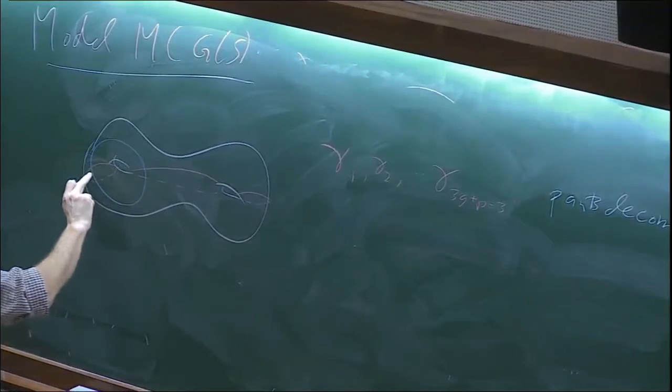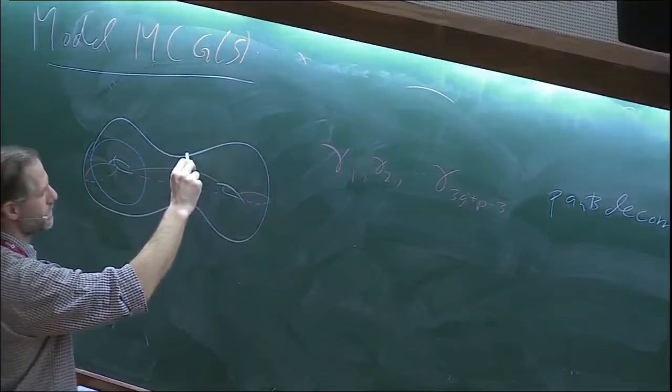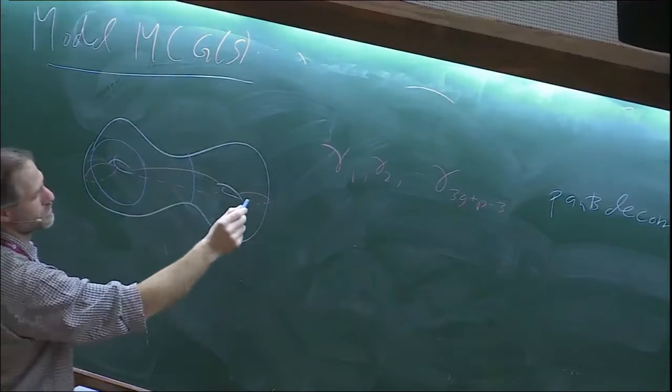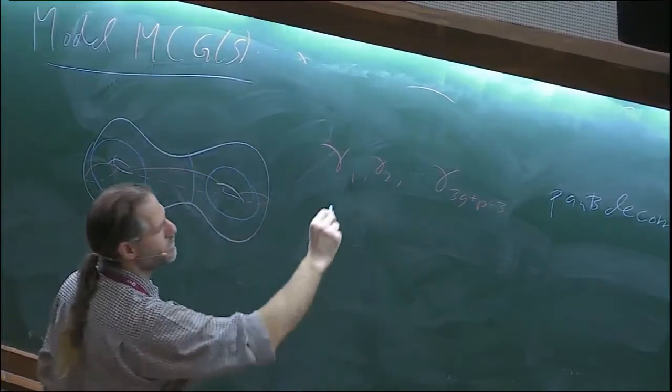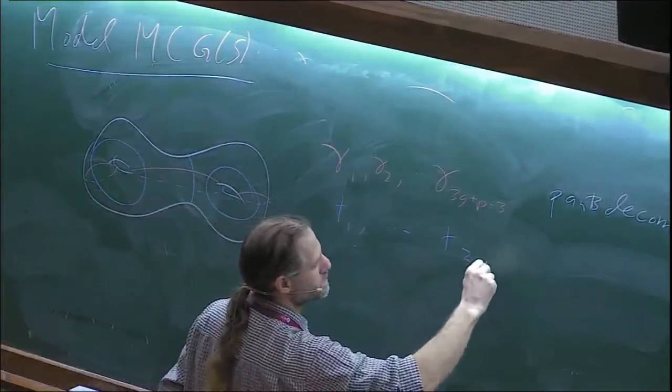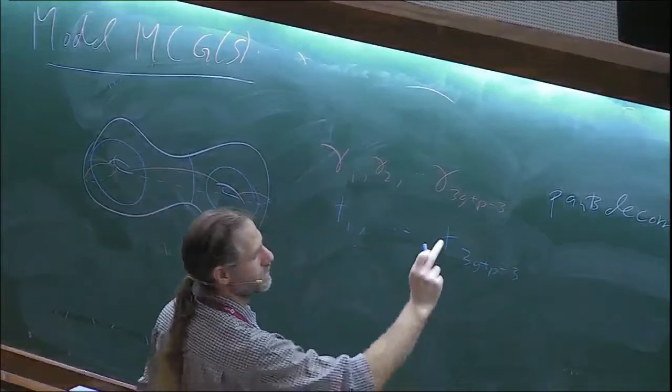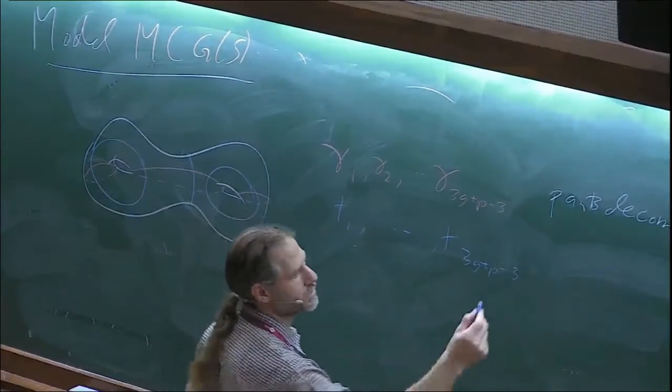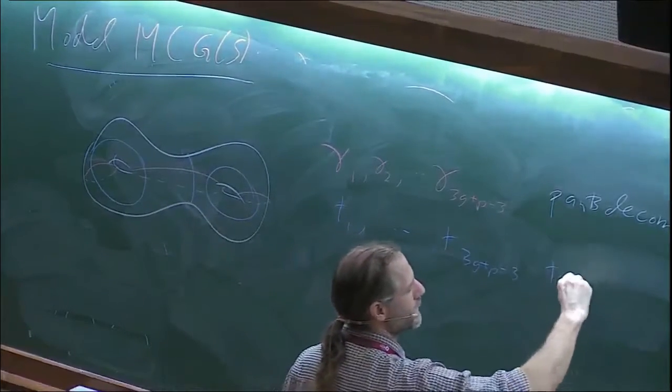I want to take a curve which is going to allow me to record how much twisting I'm doing on each one of these red curves. So I'm just going to draw some curves in here like this. I'm going to add blue curves, which I'll call T1 up to T3g plus p minus 3, and these are going to record what I'll call transverse data.